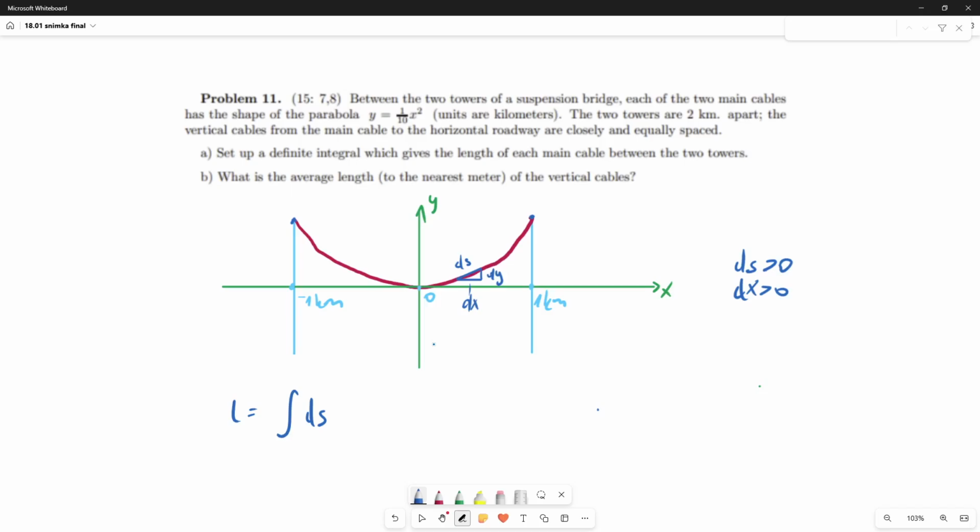So we need to express ds in terms of dx. Using Pythagoras' theorem, we know that ds squared is equal to dx squared plus dy squared. Let's take out dx squared, and what remains is 1 plus (dy over dx) squared.